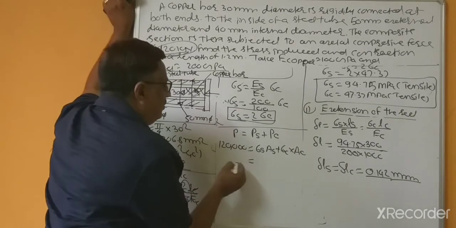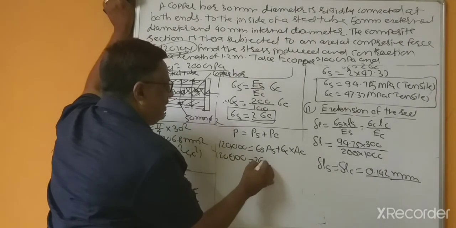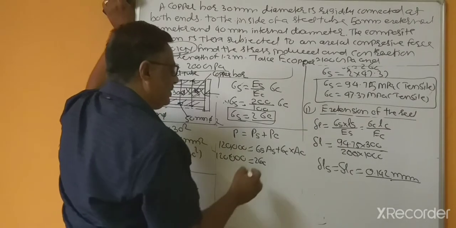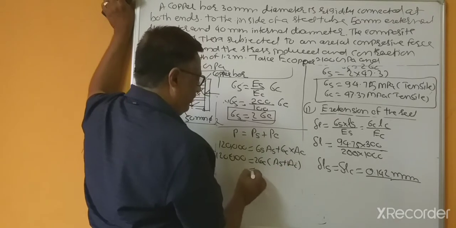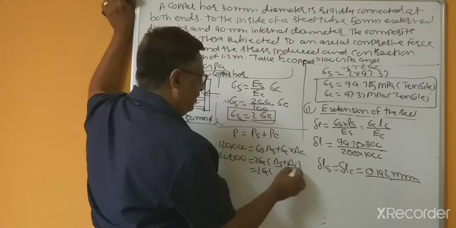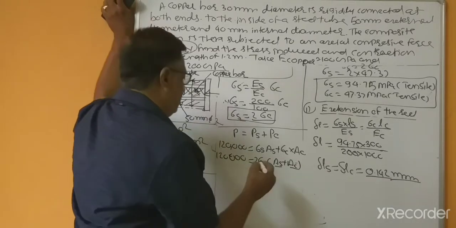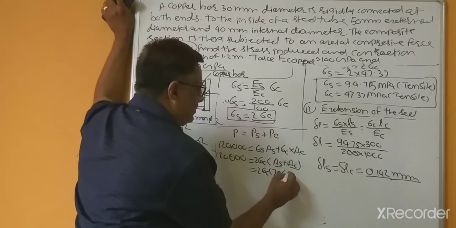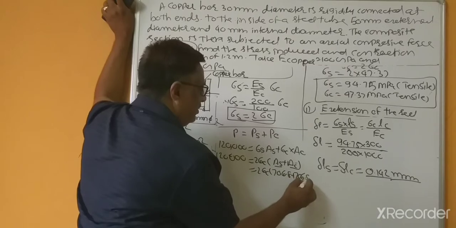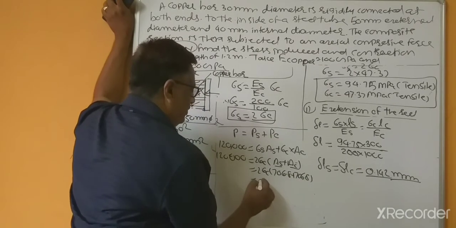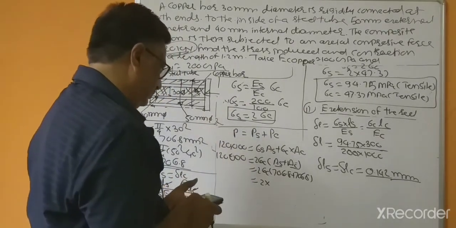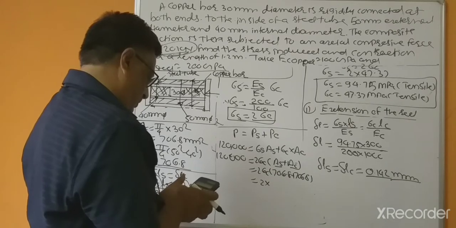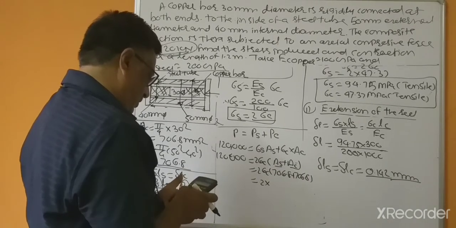Sigma S equal to 2 sigma C, and this is in bracket AS plus AC. 2 sigma C AS AC equal to 706.8 plus 706.8. So this is 4 into 706.8, multiplied by 4.